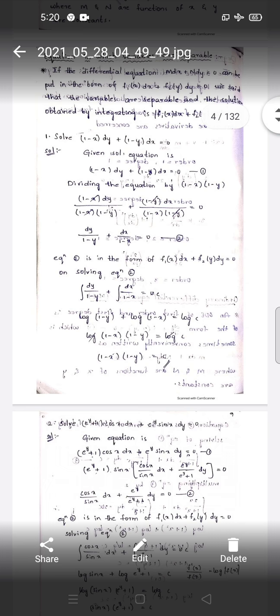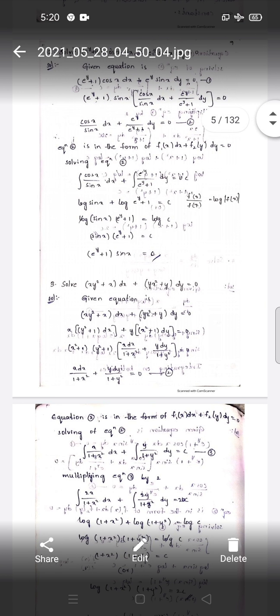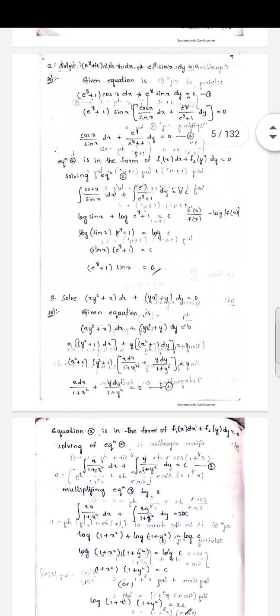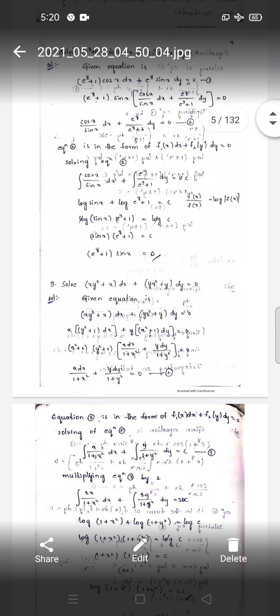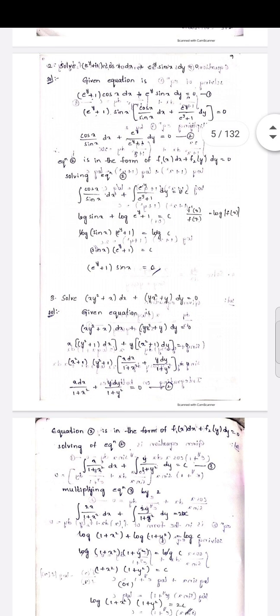Next, the second problem. Solve (e to the power y plus 1) cos x dx plus e to the power y sin x dy is equal to 0.